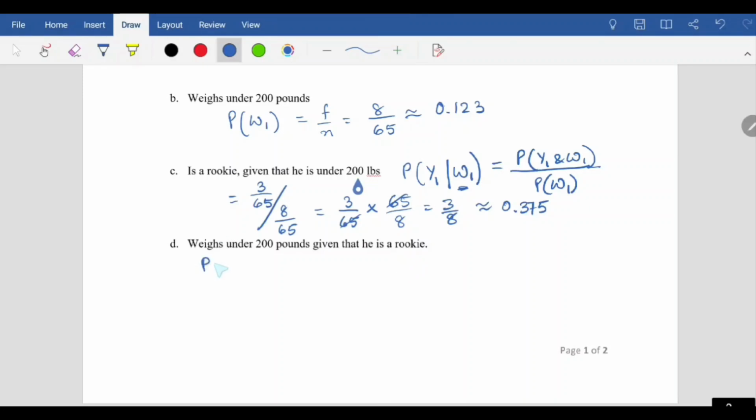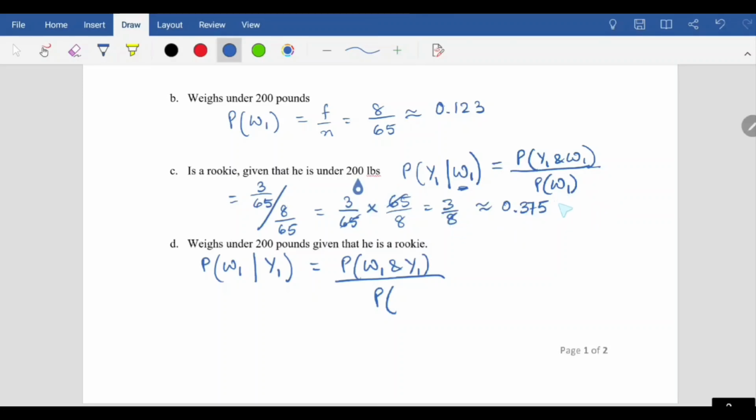So this time it's going to be the probability of W1 given Y1. And the formula is probability of W1 and Y1 happening together divided by the probability. So the denominator changes. That's the difference from the previous case.